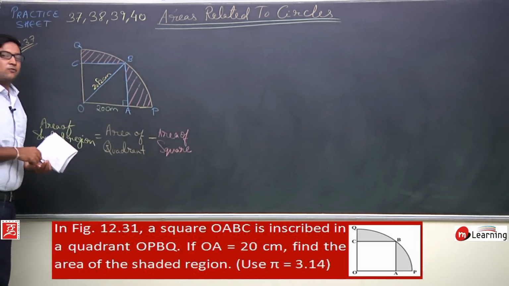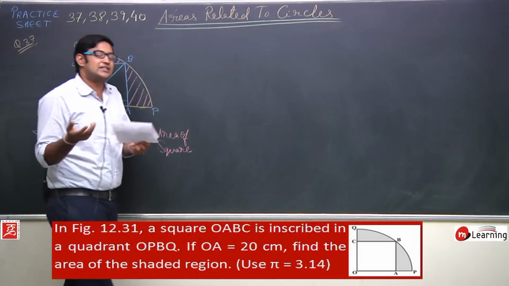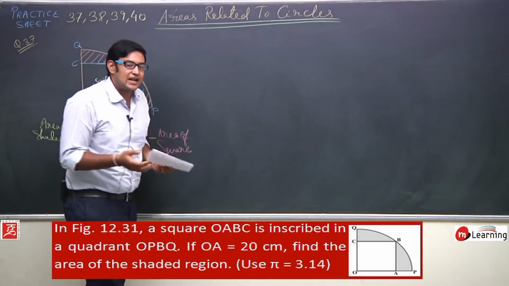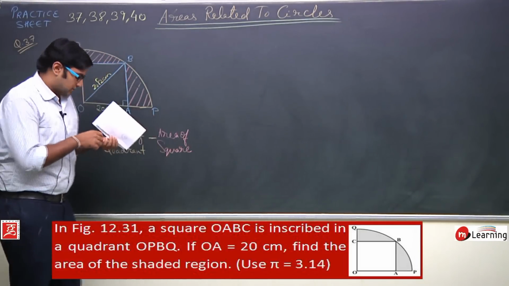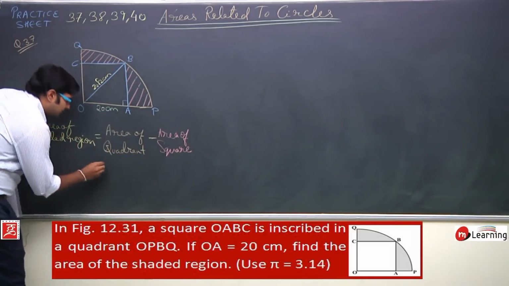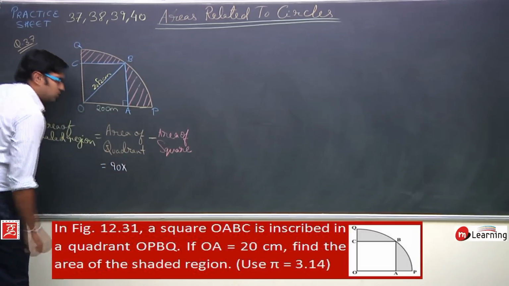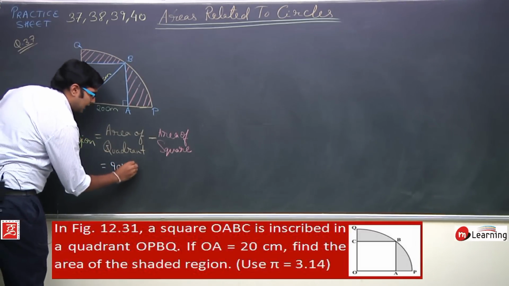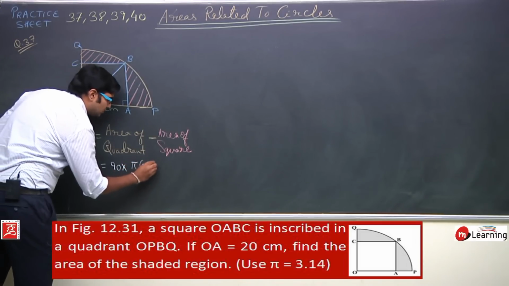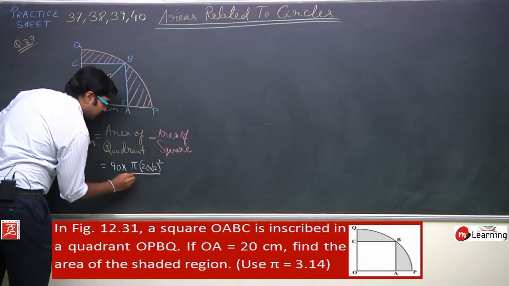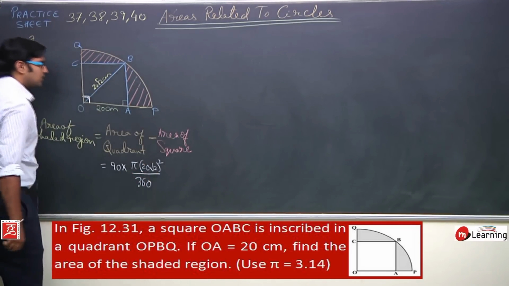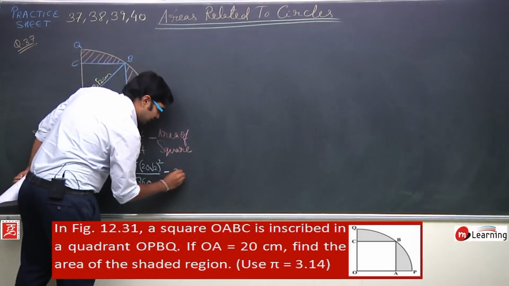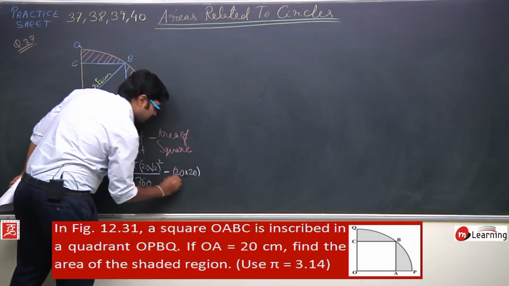Now, can I determine the area of the quadrant? Yes. What is a quadrant? It's just a sector of a circle which has central angle equal to 90 degrees. So the area of this quadrant will be 90 upon 360 into pi r square, where r is 20 root 2, minus the area of the square, which is 20 into 20.